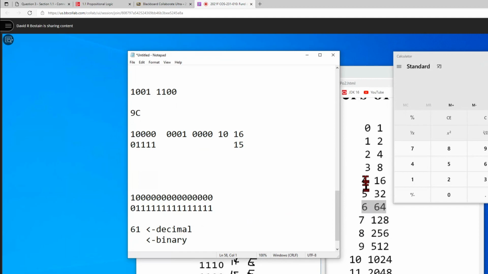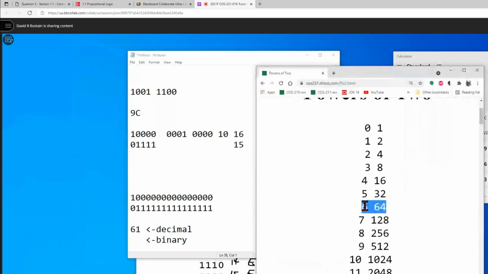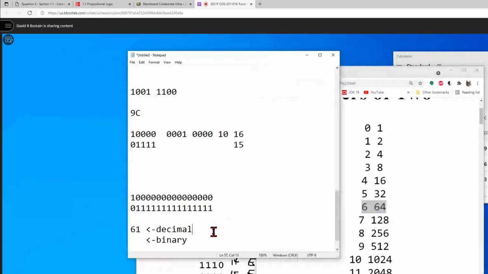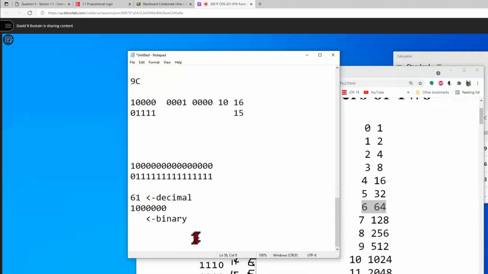Oh, we look at our list. The nearest thing to it is 64. And 64 would be, this is the 6, this is the 5, 4, 3, 2, 1, and the 0 position, right? So we would have this number. We know this number is too big.